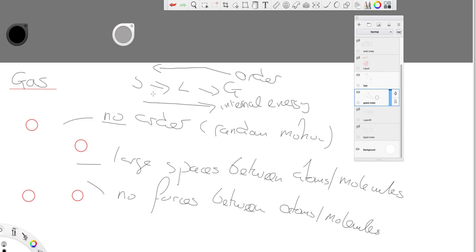So I have to supply thermal energy to get from here to here. And at the point where I'm just changing from solid to liquid, I will be increasing the potential element of the internal energy, not changing the temperature, therefore not changing the kinetic energy.